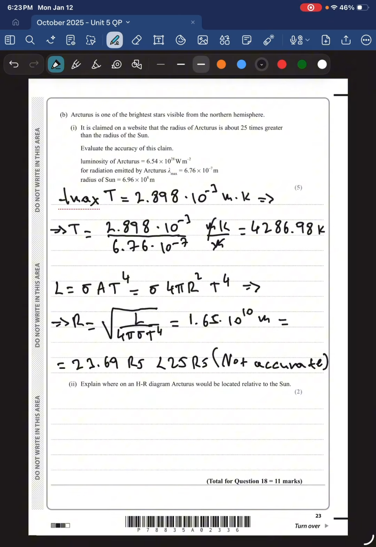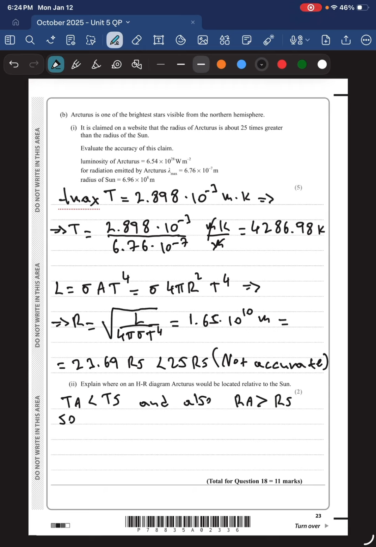Now the second part of part B. Explain where on an HR diagram Arcturus will be located relative to the Sun. The temperature of Arcturus is less than the temperature of the Sun, which is about 5,000 degrees Kelvin. And also, the radius of Arcturus is much larger than the radius of the Sun, of course.